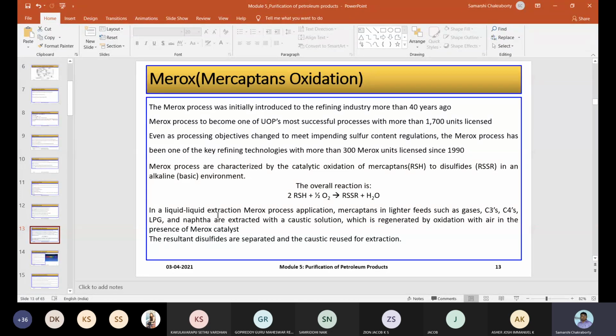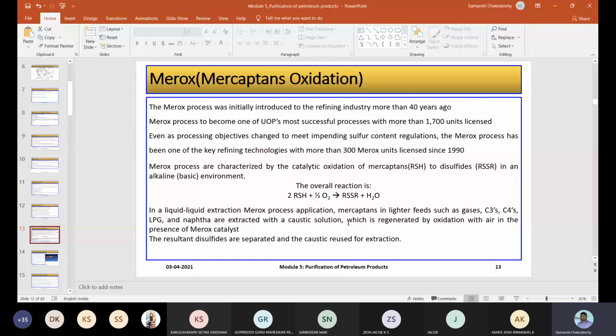In a liquid extraction Merox process, the mercaptans in lighter feeds such as gases like C3, C4 or LPG, and naphtha, are extracted with a caustic solution. The mercaptans might be present in lighter gases, maybe propane based feedstock or butane based feedstock, or a combination of both, which is LPG, plus naphtha.